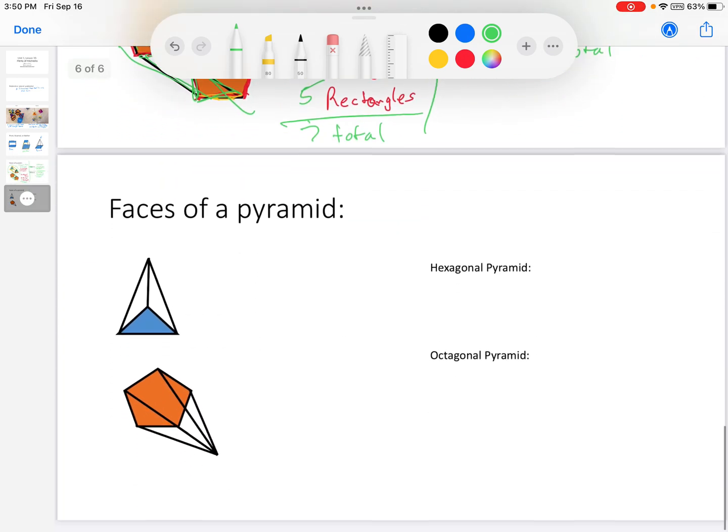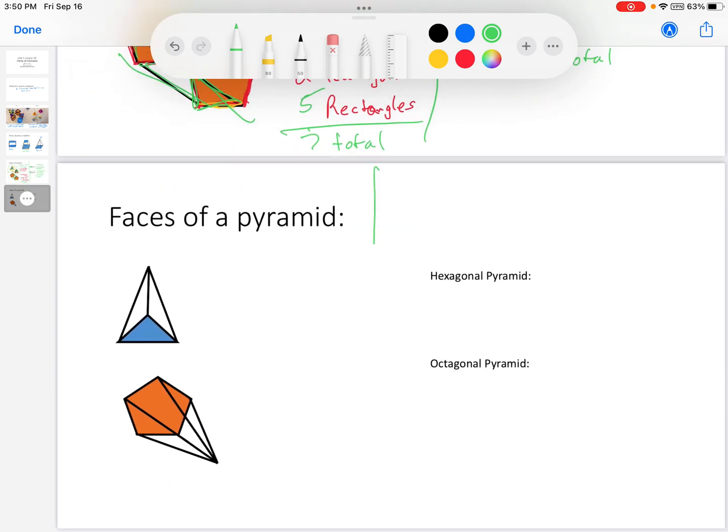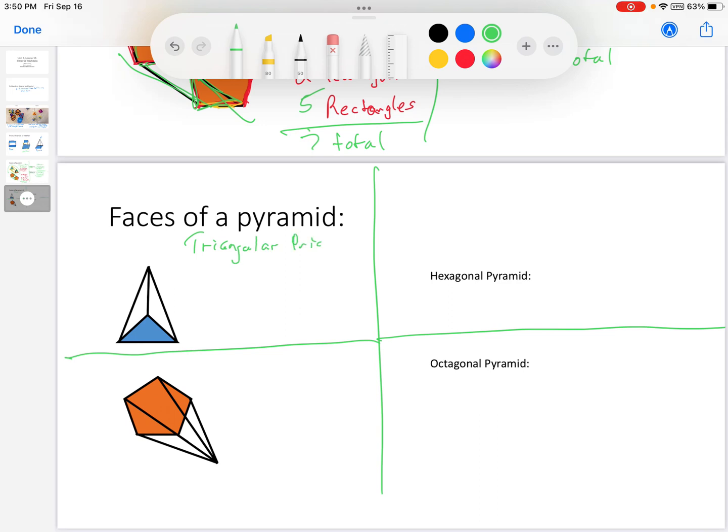Let's look at the faces of a pyramid. How many bases does the pyramid have? It has 1 base, so this is a triangular prism, not prism, pyramid. Have to make corrections. All right, so it has 1 base, which is a triangle.